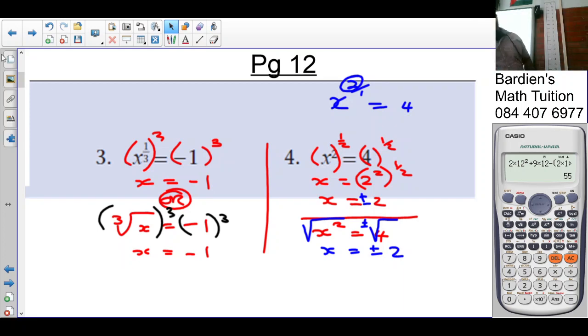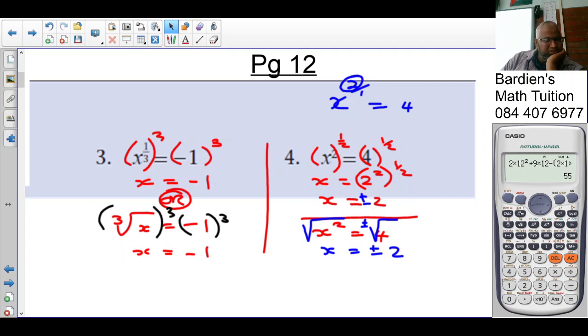So to summarize, in the equation involving rational exponents, x to the half is equal to the root of x. Okay, this we know already.